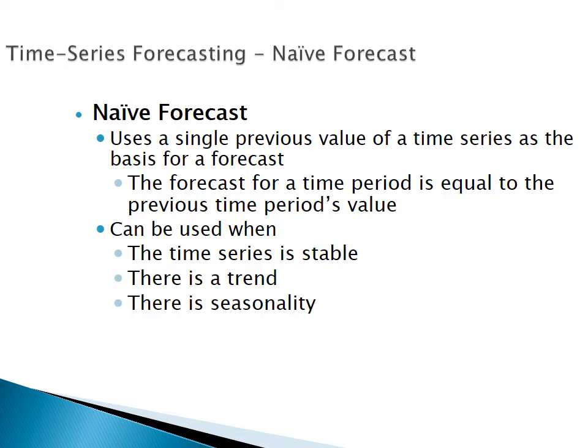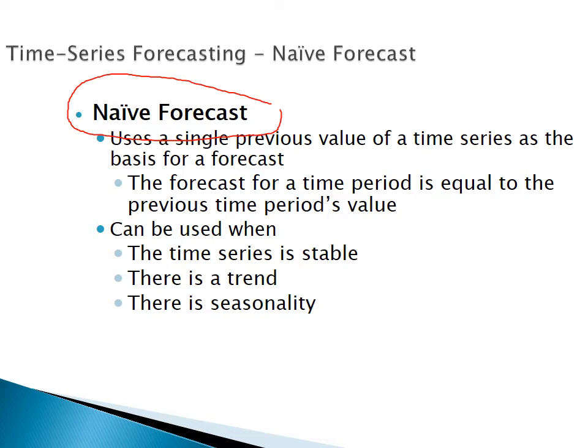There are different types of forecasting. Now we are getting into the actual forecasting techniques. One of them is naive forecasting. The naive forecasting is simple. Whatever happened in the last time period is your forecast for the next period. Say yesterday's demand was 10, so the naive forecast will say that the forecast for today would be 10.